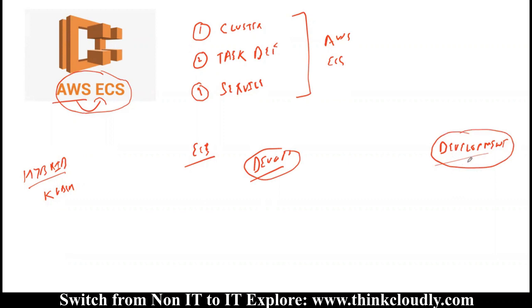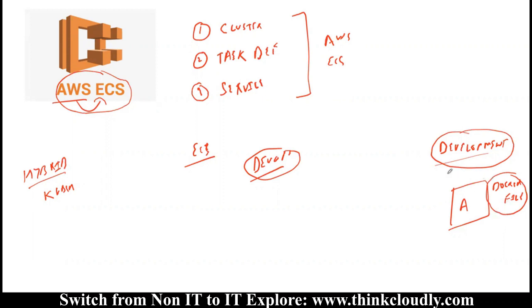So let's imagine that the development team has created an application, and they will hand over the Docker file. This Docker file is responsible for creating the containers. With the help of the Docker file you get a Docker image, and with this image you can create the container.